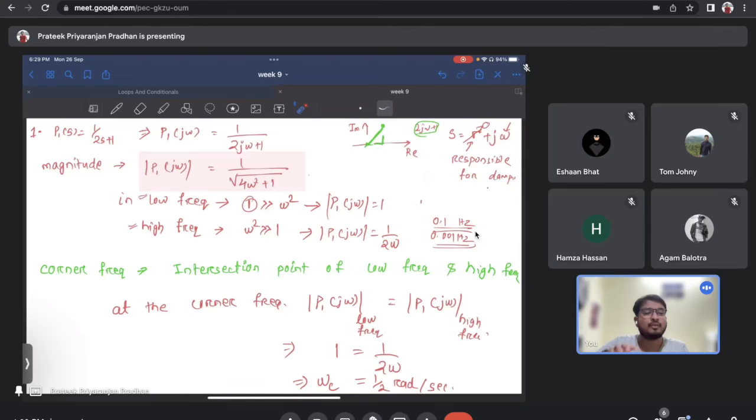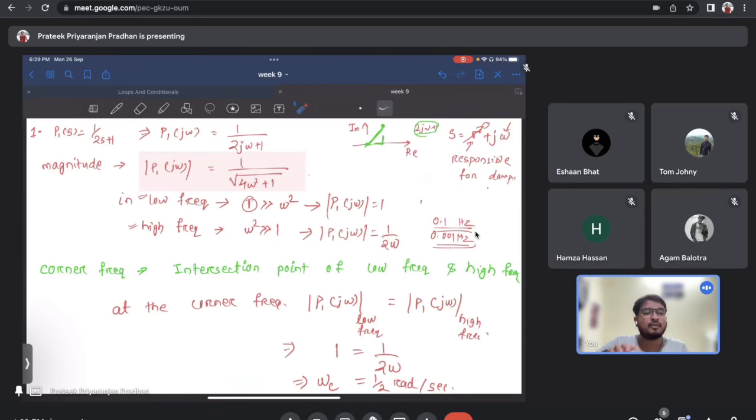So it's 20 log of 1 by 9 base 10, which is equal to negative 20 log 9 base 10, which is approximated as negative 19 dB.